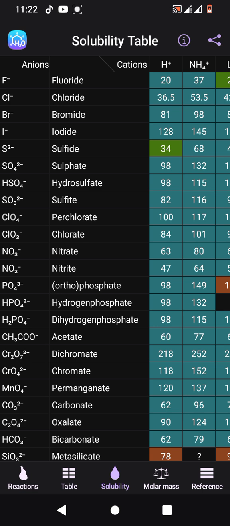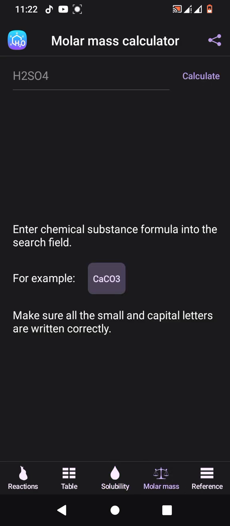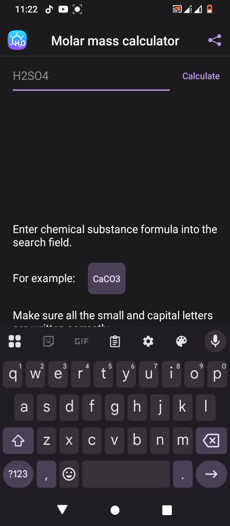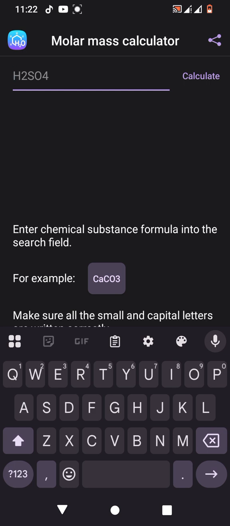Yep. So, and we've got some molar masses. Okay, here you could just calculate, you could just enter any compound you like.